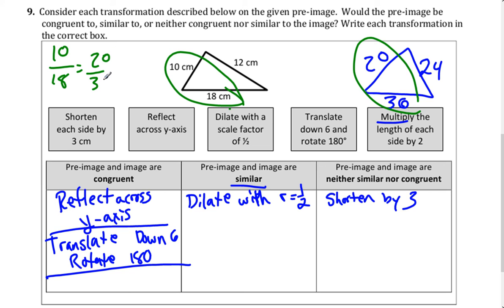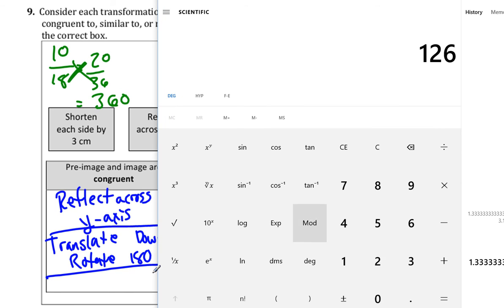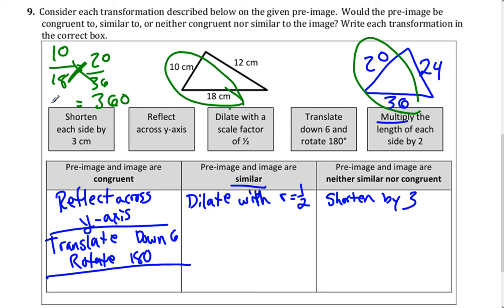If I cross multiply here, 10 times 36 is 360. If I cross multiply here, 18 times 20 is 360. So those two are in proportion. That means they're similar. They're not the same exact size, so they're not congruent, but they are in proportion, which makes them similar.